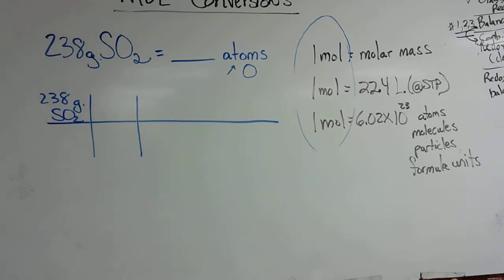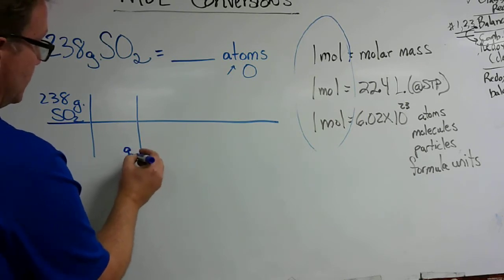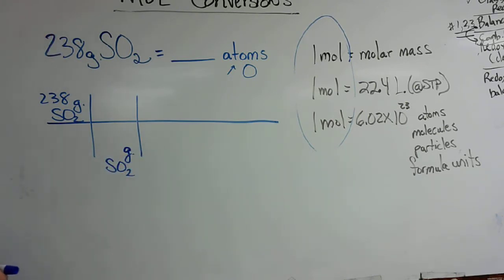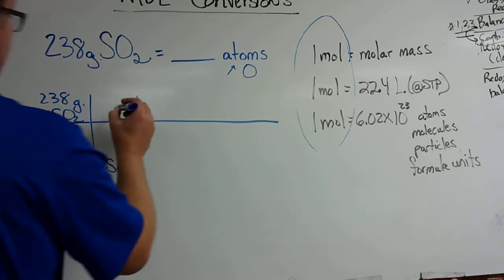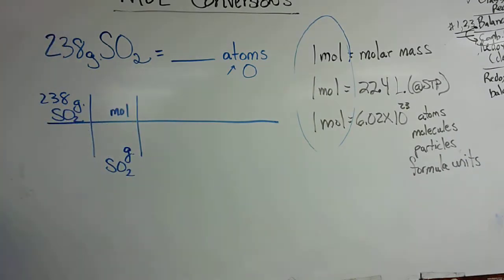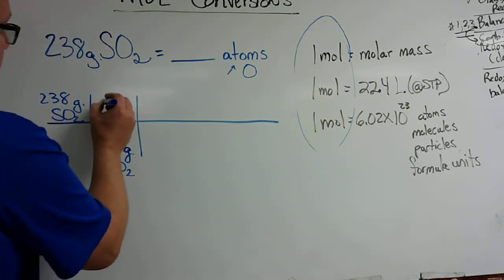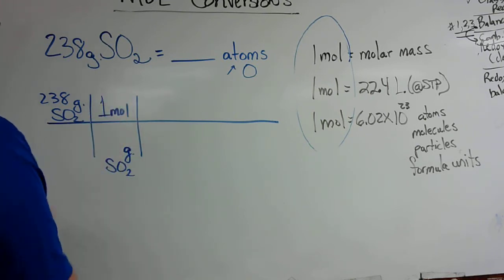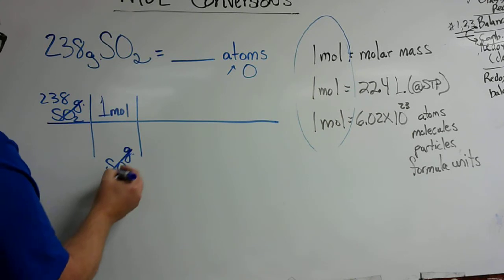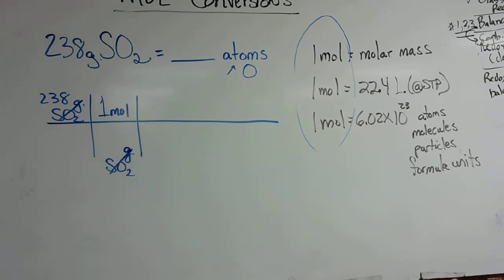So we have grams of SO2 at the top. We're going to put the same unit to cancel it out, grams of SO2 at the bottom. And then, what needs to make an appearance? Of course, we have to go with the mole. Which one's the big one between the two? It is mole. We're going to cancel these out once we're done with getting the mass of SO2.